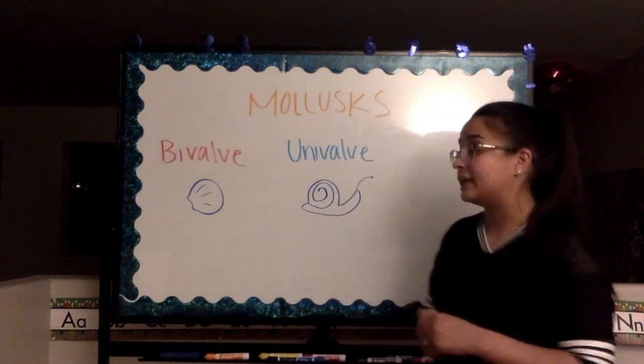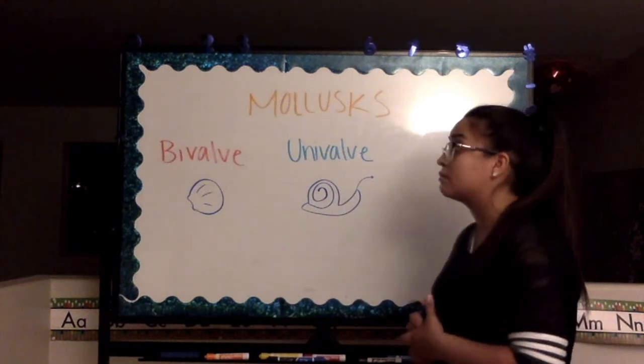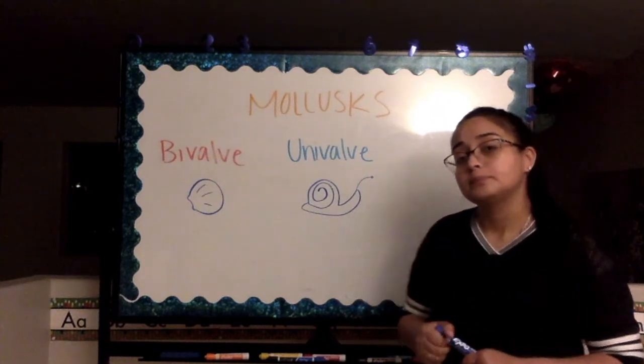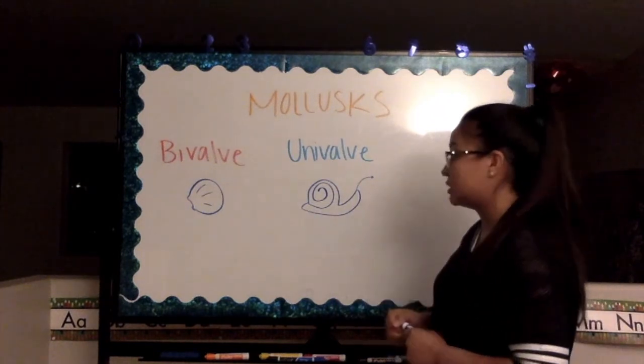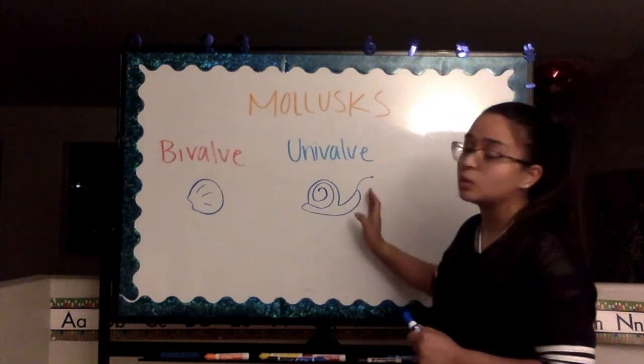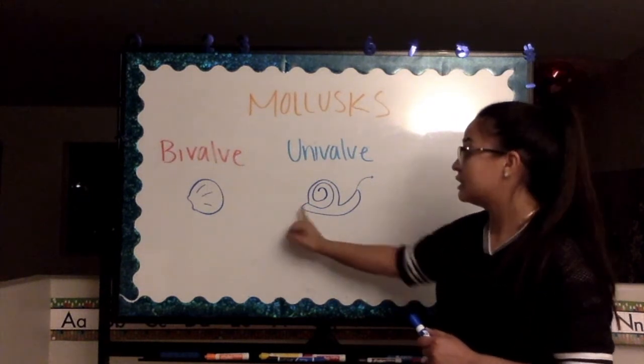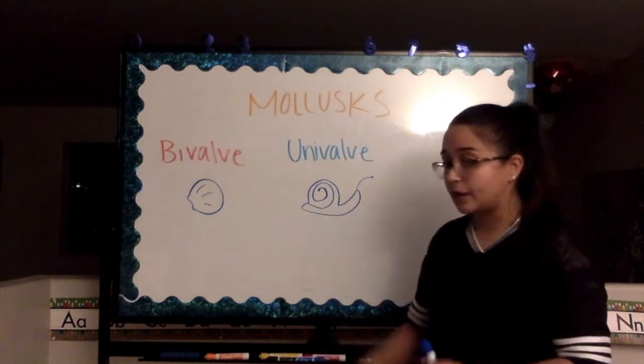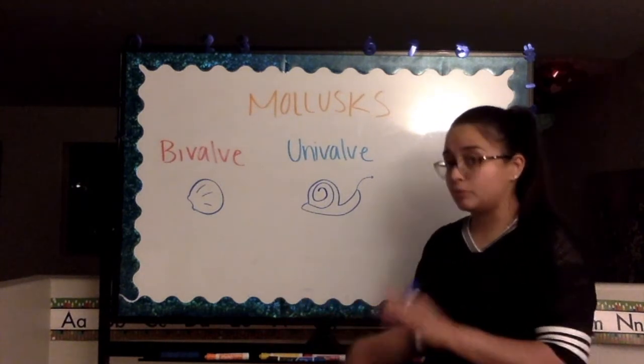Snails are an example of univalve mollusks. Now, univalve mollusks usually have one large foot that helps them by rippling through the ground to get moving.